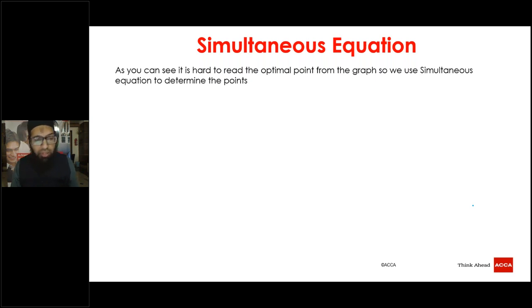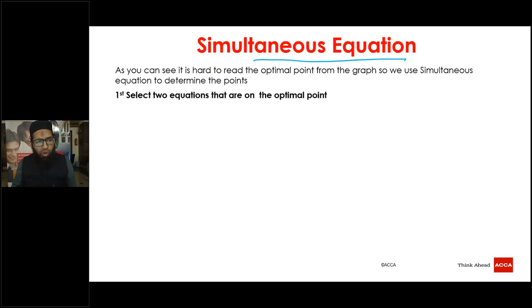It is difficult for me to read. So in such a situation, we prepare a simultaneous equation. How do we do that? First of all, we select the two equations that are on the optimal point. And what were these? These were the demand of Y and labor. So labor constraint and demand of Y.